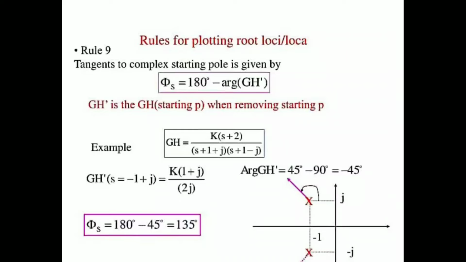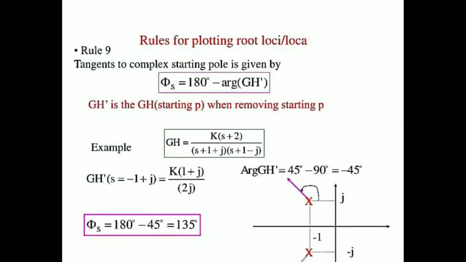For that pole we have to look at the angles made by the other poles and zeros. There is one zero at minus 2, and one pole at minus 1 minus j. So there is an angle of 45 minus 90 degree. So 180 minus 45 degree, the angle of departure is 135 degree.